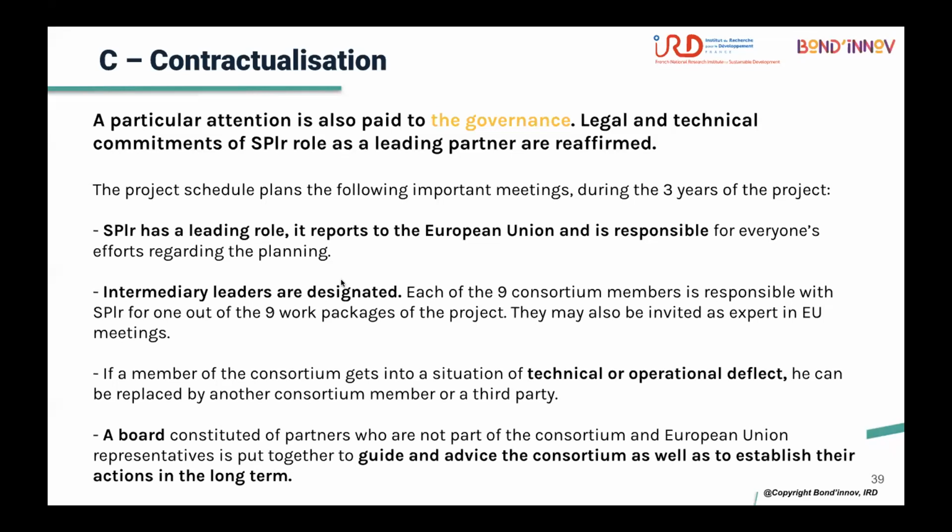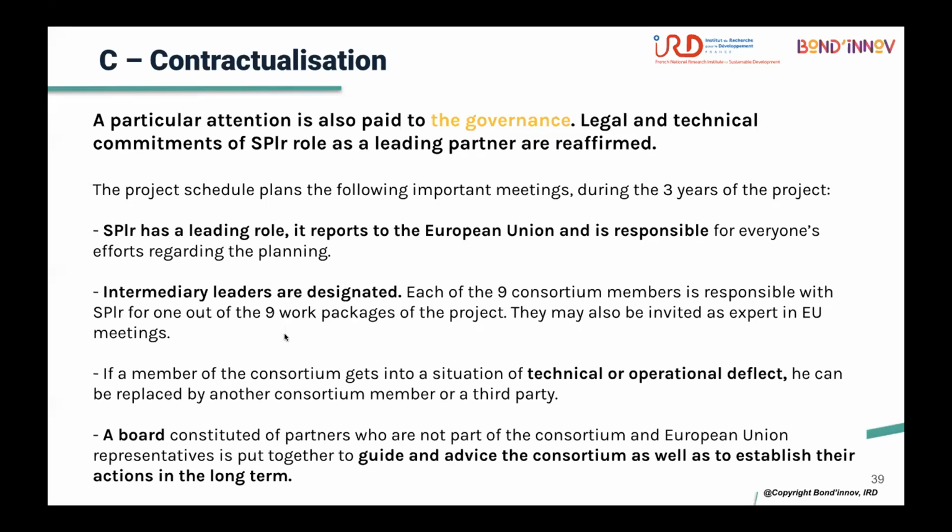For example, here, in the governance and responsibilities, SPIRE has a lead role, so it reports to the European Union and is responsible for everyone's efforts regarding the planning. So SPIRE will do the reports to the funders and also get all the partners engaged.